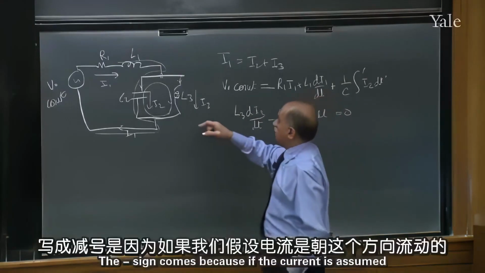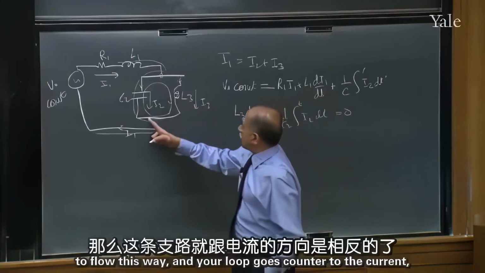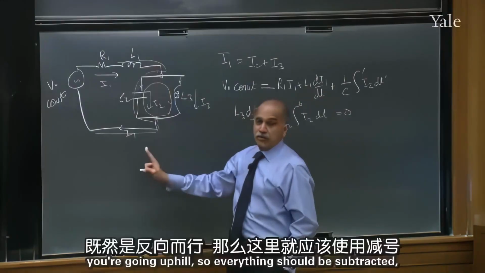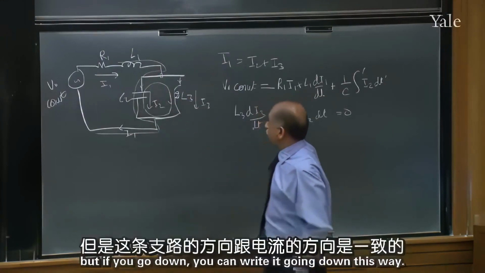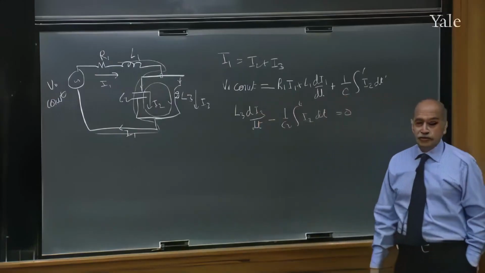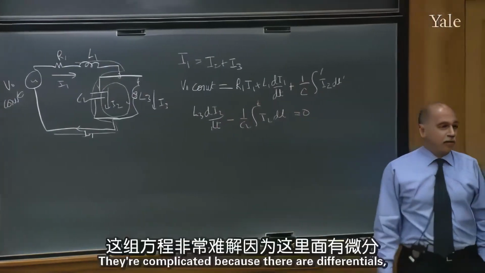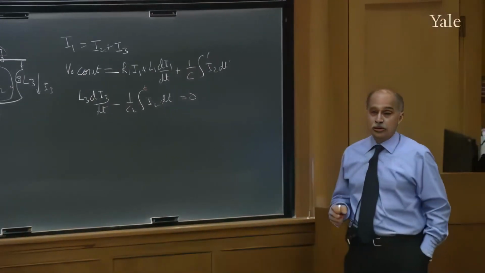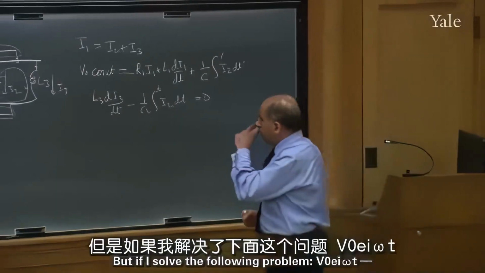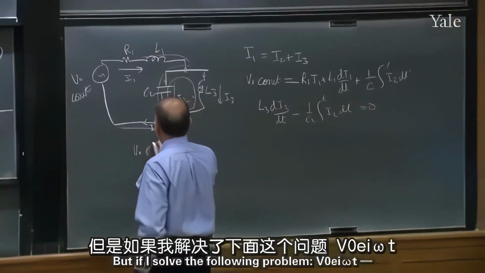The minus sign comes because the current is assumed to flow this way, and your loop goes counter to the current. You're going uphill, so everything should be subtracted. But if you go down, you can write it going down this way. So these are the three equations to solve. They're complicated because there are differentials, there are integrals, and you know what. But if I solve the following problem, V0 e^(iωt).